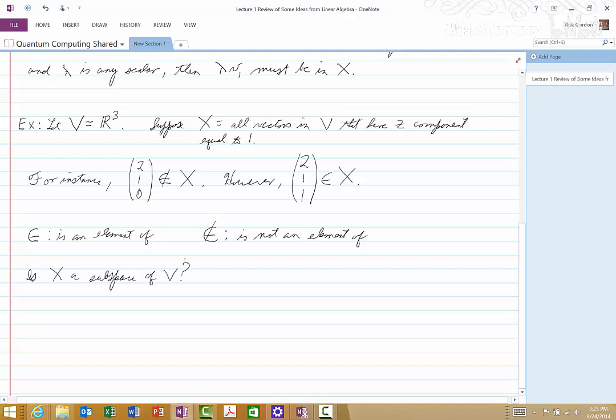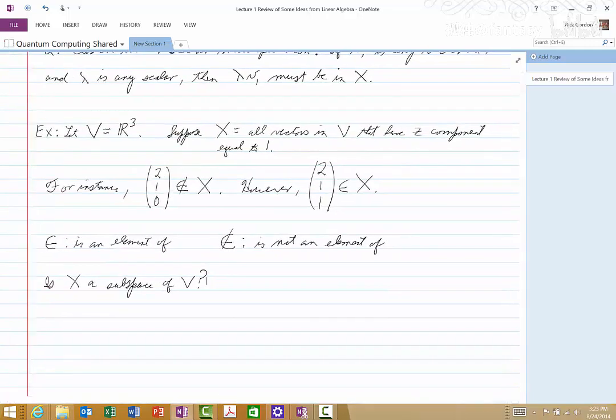Before we do that, I'll point out one more thing. If you think about it for a moment, it's easy to visualize X. V is all of R3, and X is all the vectors in R3 that have a Z component equal to 1.